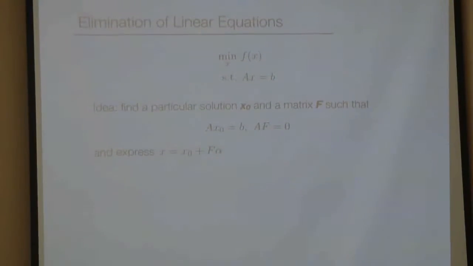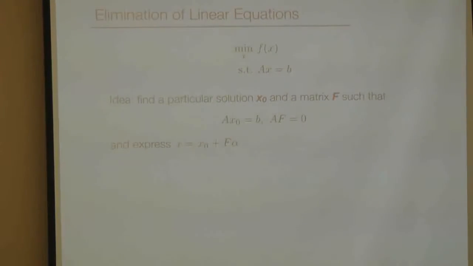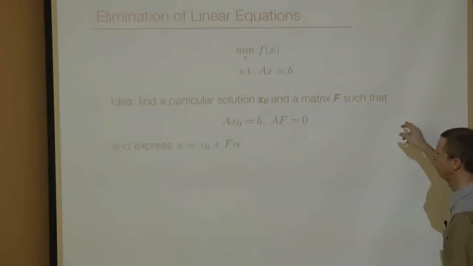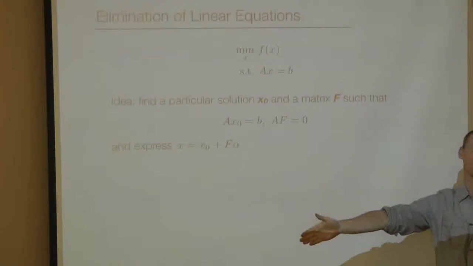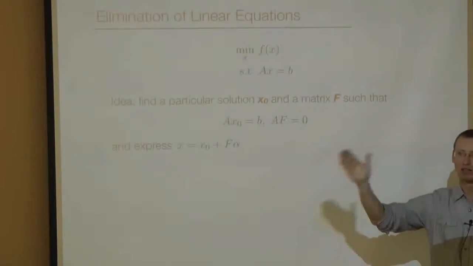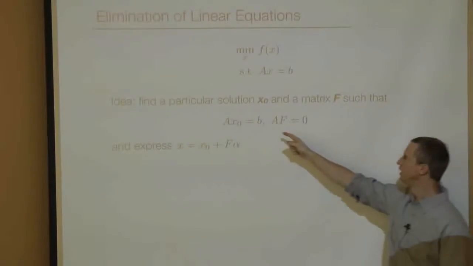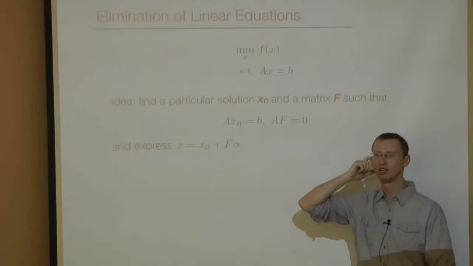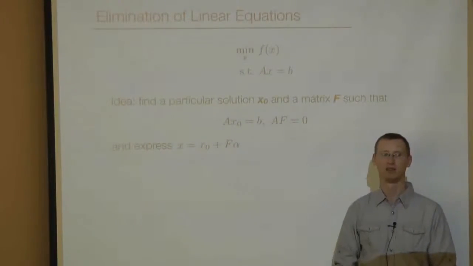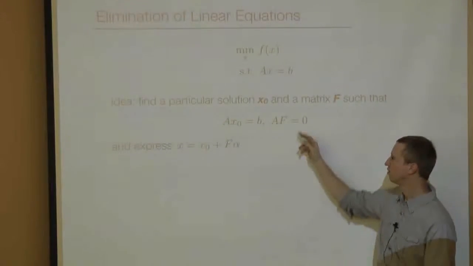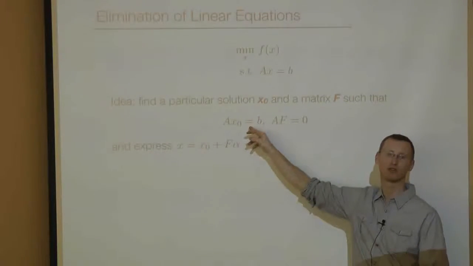We would like to eliminate this equality constraint. We can eliminate the equality constraint by parameterizing all points lying on the constraint. To parameterize, we need a direction, we need a particular solution, and we need some multiple of the direction. So find some particular solution which satisfies the constraint.